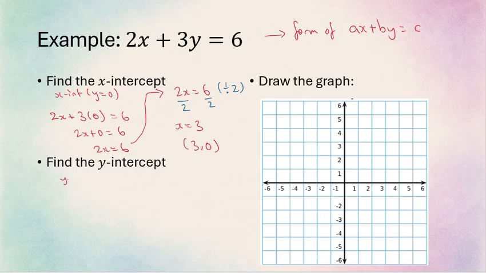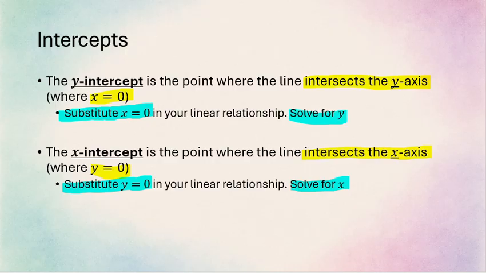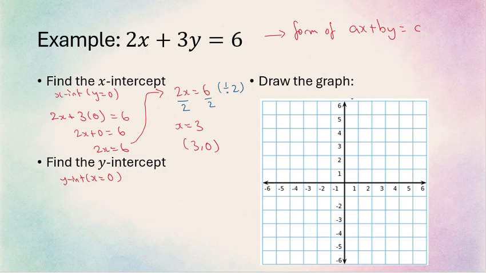Now, finding the y-intercept is when x equals 0. I am now going to substitute x equals 0 wherever I see x, okay? So this will now become 2(0) plus 3y equals 6. Now, obviously, I'm just left with 0 plus 3y equals 6, and 3y equals 6, just like that.